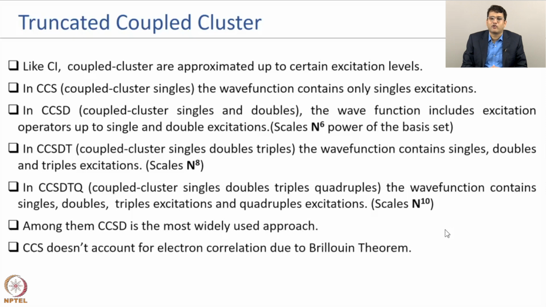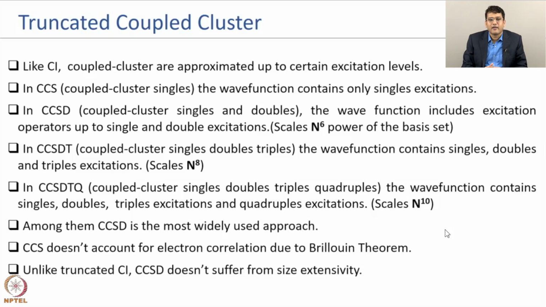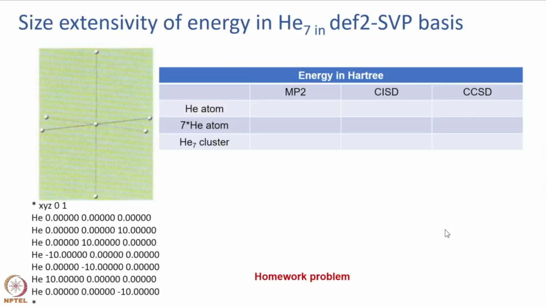CCS does not account for electron correlation due to Brillouin's theorem, and that is why it is very similar to configuration interaction singles. The advantage is that at any truncated level, unlike the case in CI, CCSD does not suffer from the size extensivity problem. To show that, we will go back to our example of helium systems.